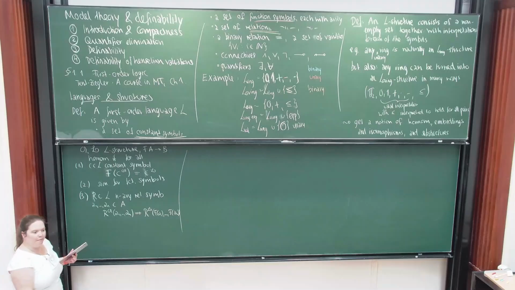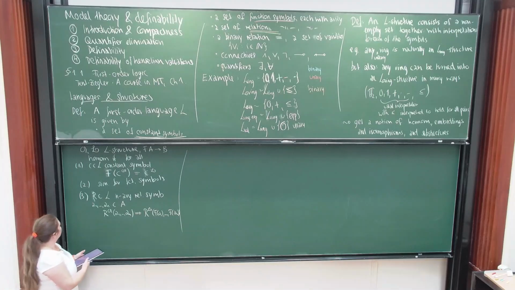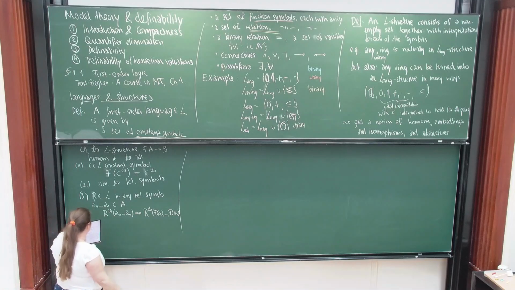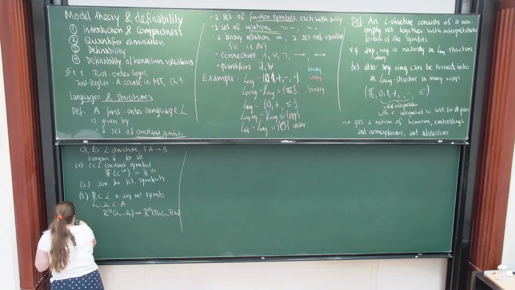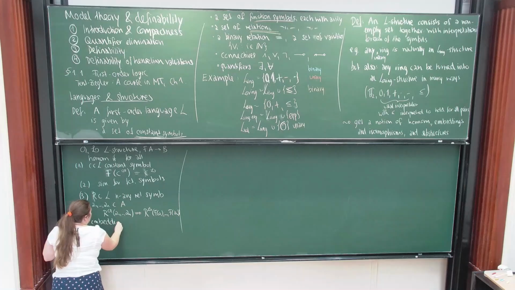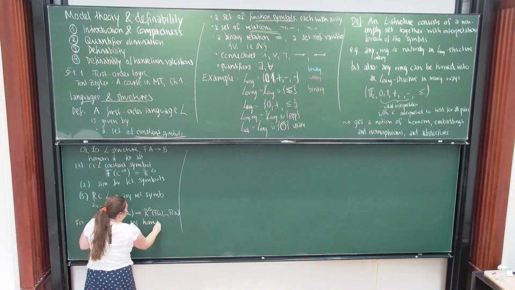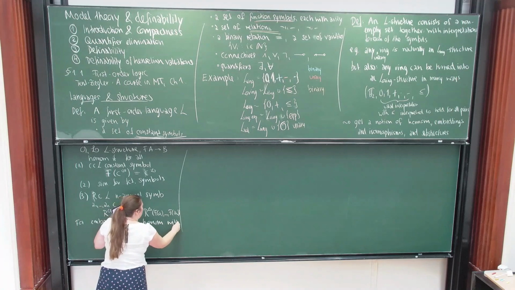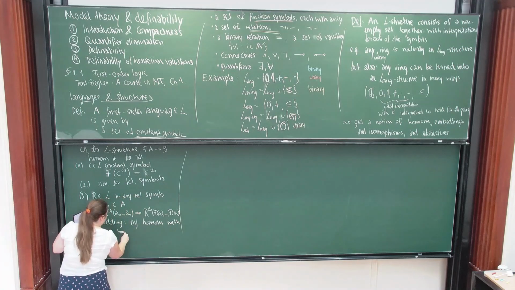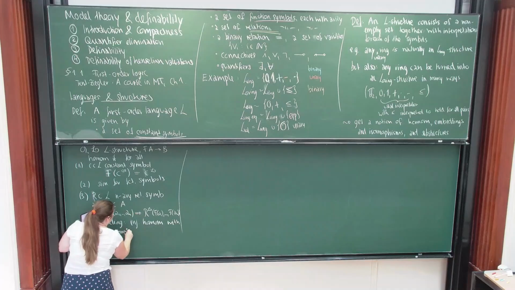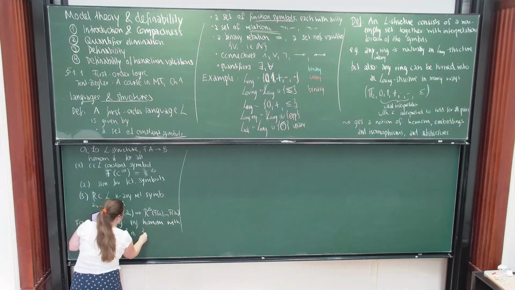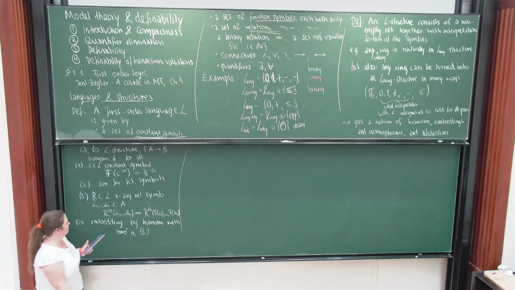And now for an embedding, so this is the definition of a homomorphism, and now for embedding, you need an injective homomorphism with equivalence in 3.